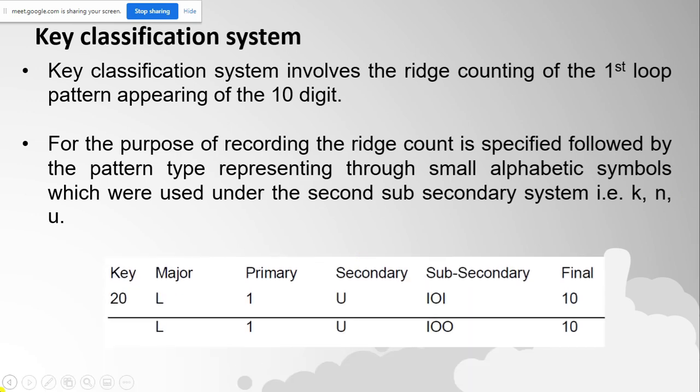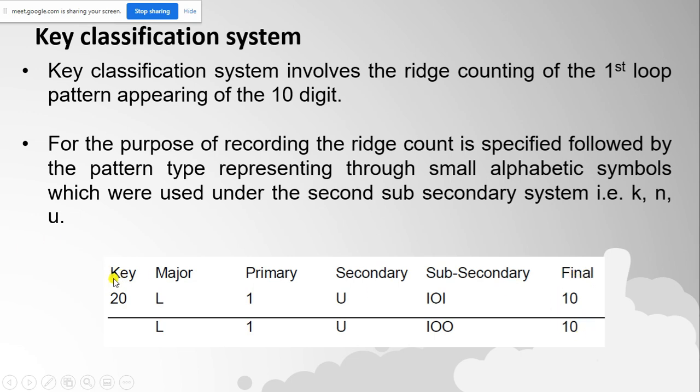So for a final look of the classification chart that we derive for any fingerprint obtained, first will be the key, which is the number of the ridge count of first loop of the pattern, the major classification, the primary classification number, the secondary classification, sub-secondary classification, and final classification.